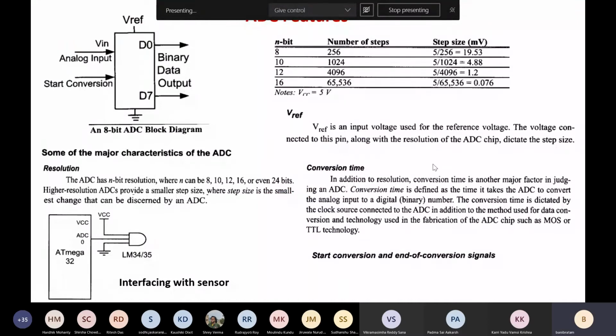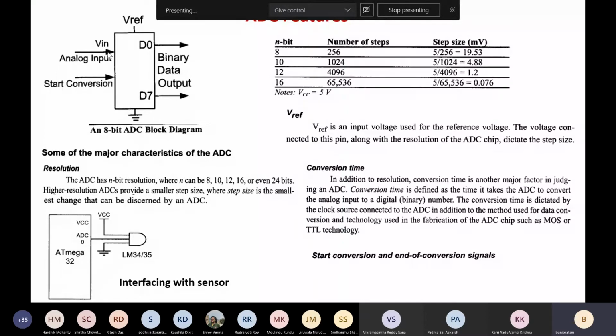Yeah. So now we will discuss the interpretation of the ADC and the DAC. First, check out this ADC specification. Typically the ADC IC can be considered like this, where an 8-bit ADC block diagram has been shown, which includes one pin for V reference and another pin for ground.